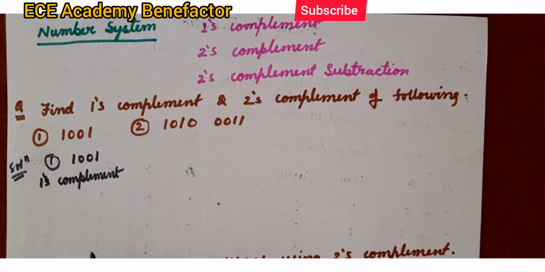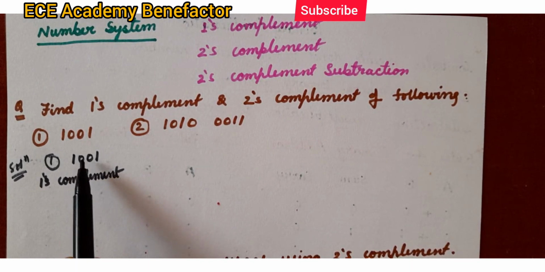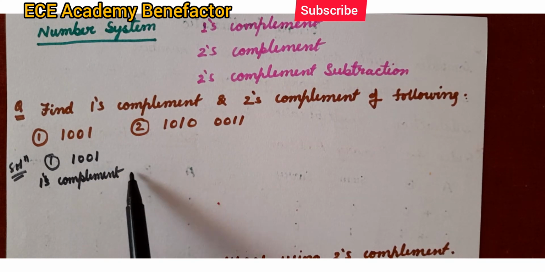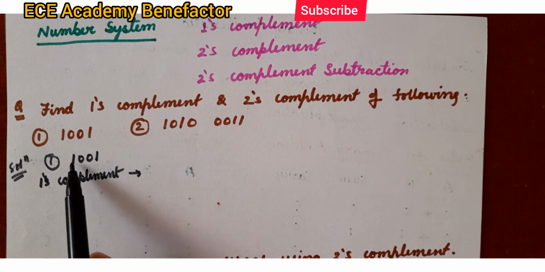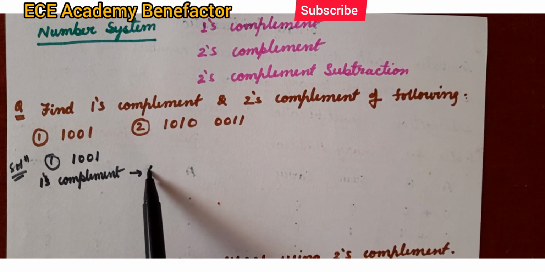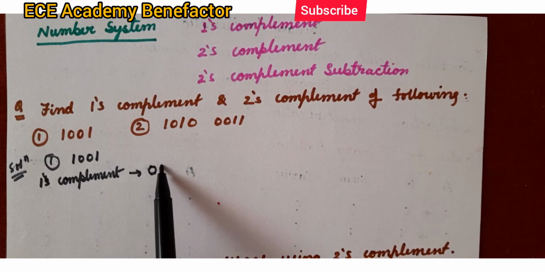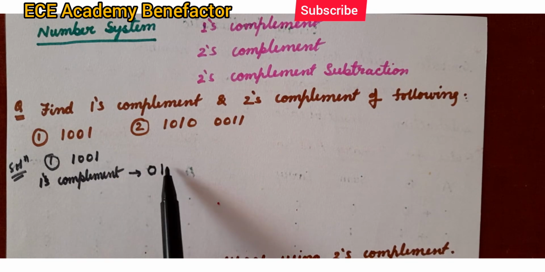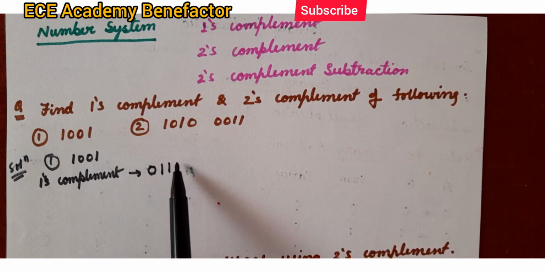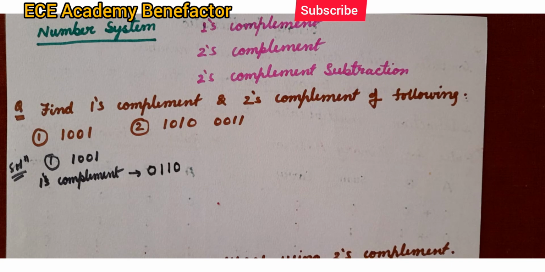Just replace 1 by 0 and 0 by 1. So what will be its ones complement? Its ones complement will be 1 is replaced by 0, 0 is replaced by 1, 0 is replaced by 1, and this 1 is replaced by 0.